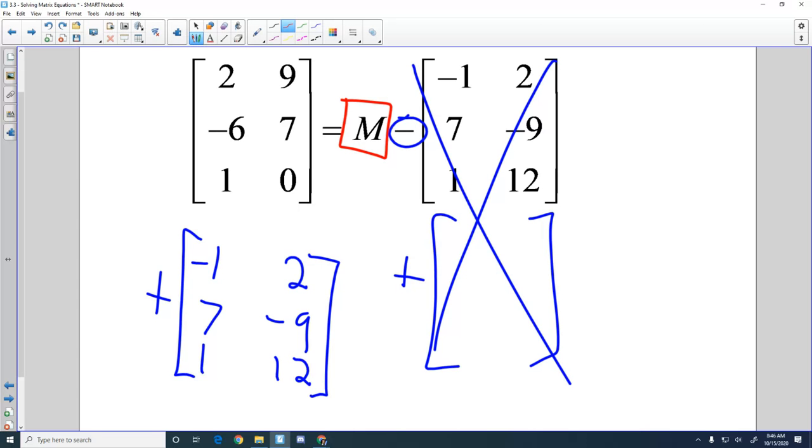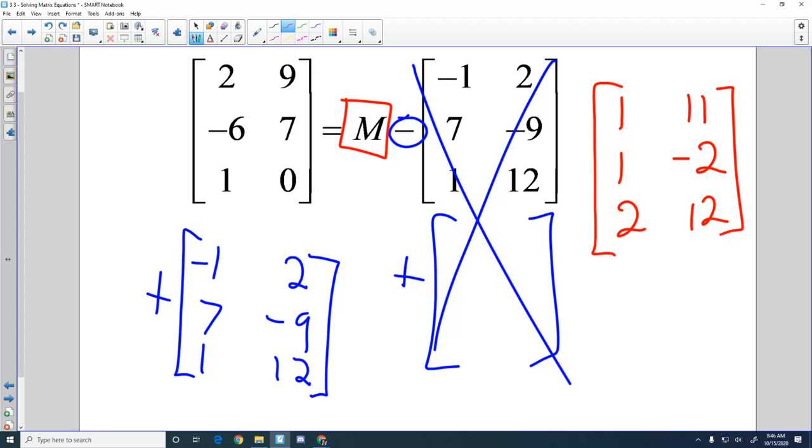Here's what we're going to get. 2 plus -1 is 1. 9 plus 2 is 11. -6 plus 7 is 1. 7 plus -9 is -2. 1 plus 1 is 2. 0 plus 12 is 12.